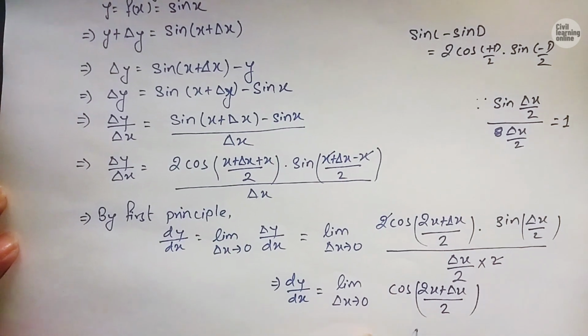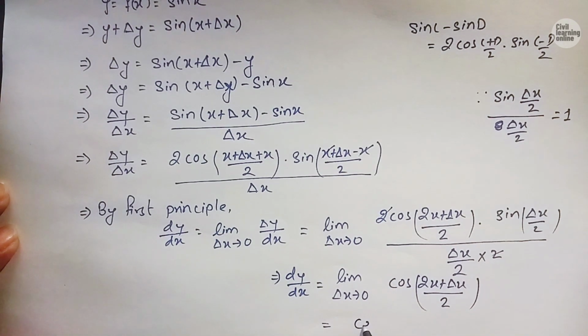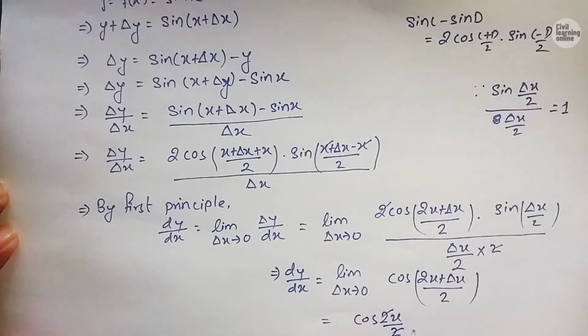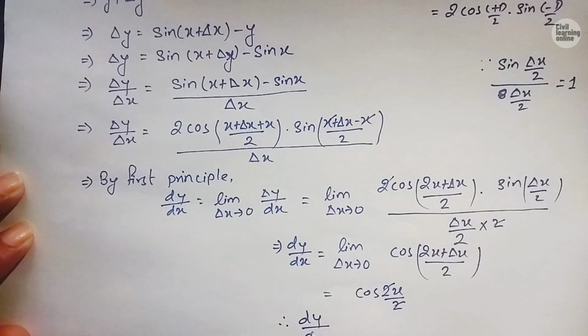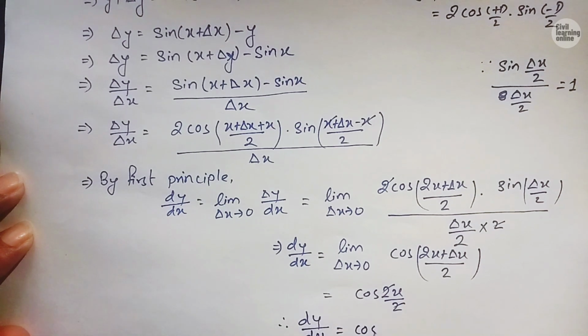On applying the limit, we will have cos(2x/2), 2 and 2 get cancelled out. So finally, therefore dy upon dx equals cos x, and this is our final answer.